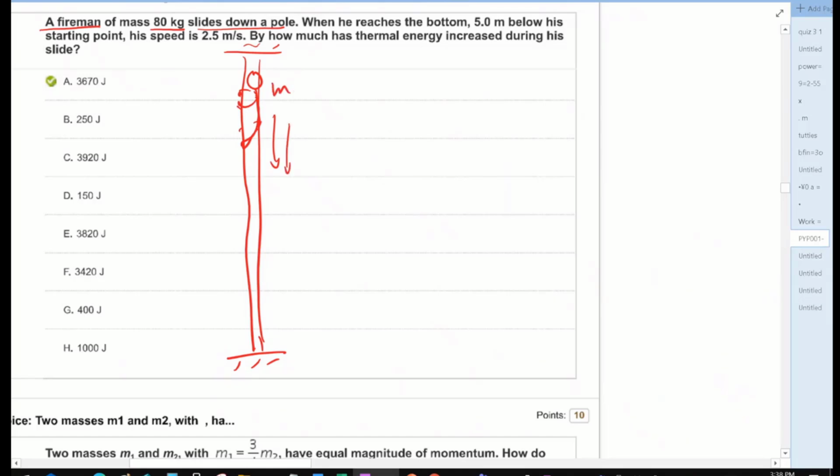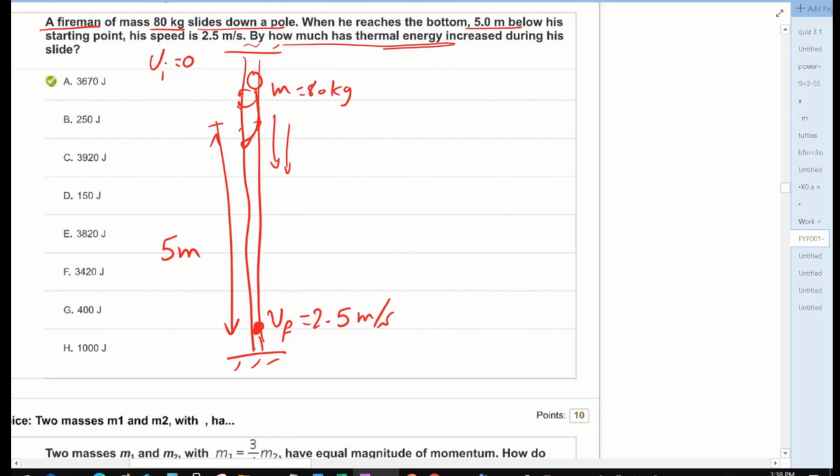He has a mass of 80. When he reaches the bottom, 5 meters below, so he slides down 5 meters, of course he starts from initial speed 0. Below the start point, his speed is 2.5. So the speed when he reaches here is 2.5 meters per second.